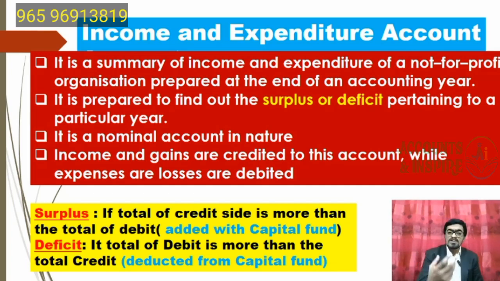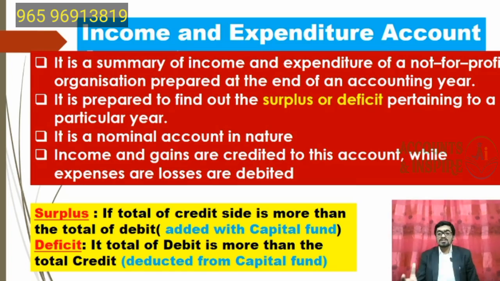If the total of the credit side is more than the debit, that means income is more than expenditure, and the result would be surplus. Just the opposite, sometimes expenditure may be higher than income, and the result will be deficit.